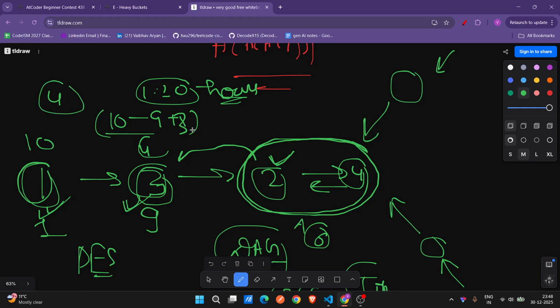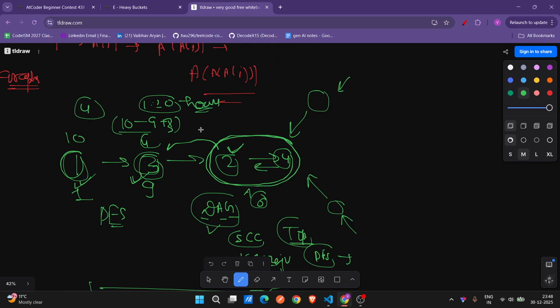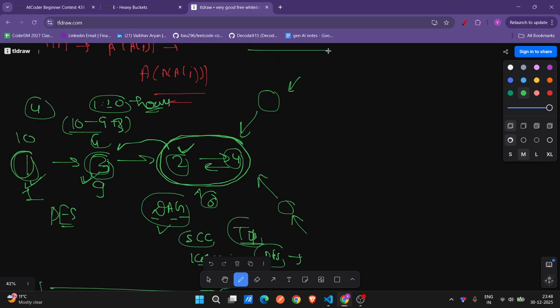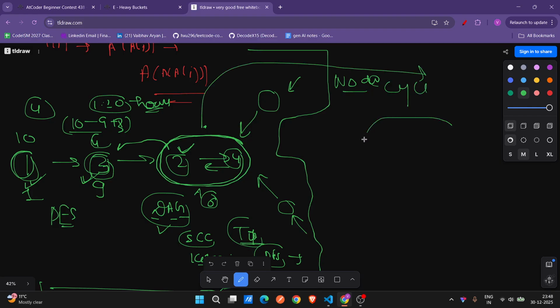But the problem here, which I think you will figure out, is when the node is inside a cycle. Suppose the cycle is very long, so you should know what the value is from here to here, from here to here, from here to here.